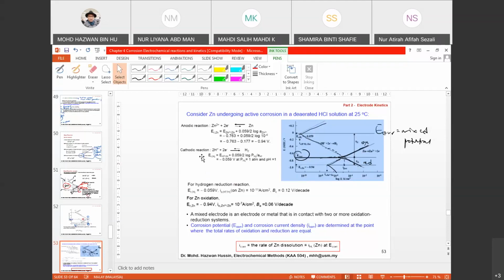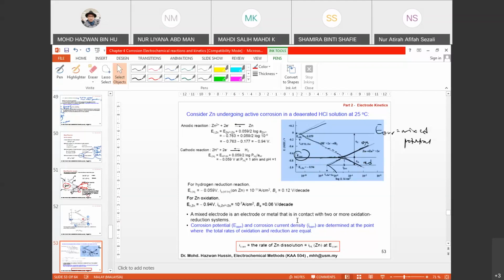Meanwhile, for the cathodic reaction, the formation of H2 or hydrogen gas, you see that the more intense arrow is pointed at the formation of hydrogen gas. And the Nernst representation for the hydrogen reduction reaction is as follows. And the Nernst representation of the zinc oxidation process is this.